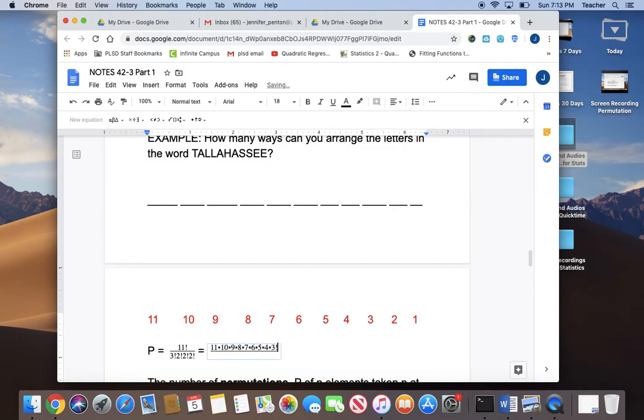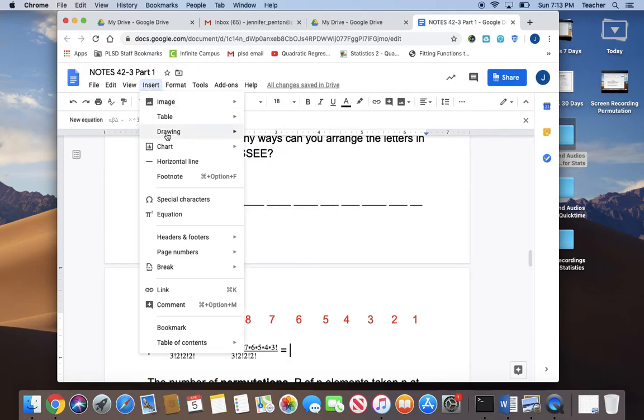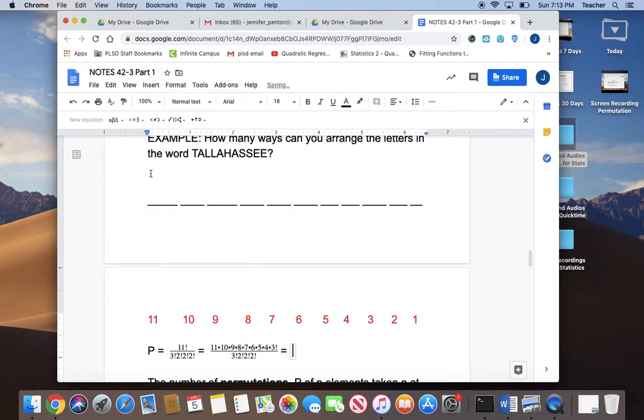But I'm going to stop here at 3 factorial because I have a 3 factorial on the bottom, and I can cancel those two 3 factorials. So when I cancel the 3 factorials, I would end up with 11 times 10 times 9 times 8 times 7 times 6 times 5 times 4.